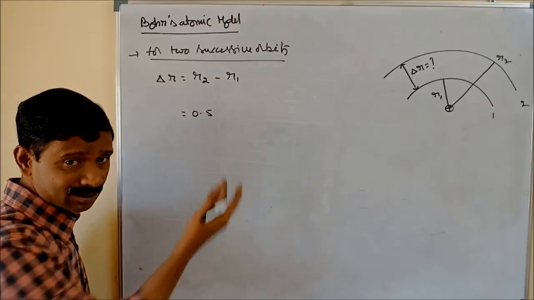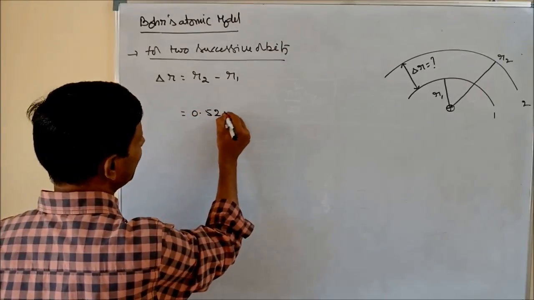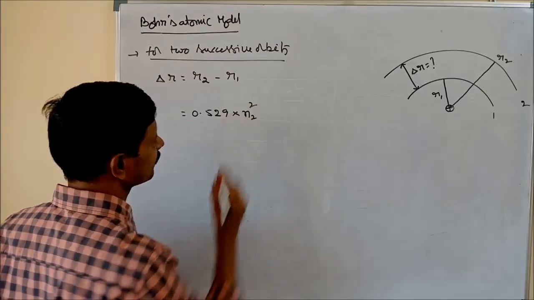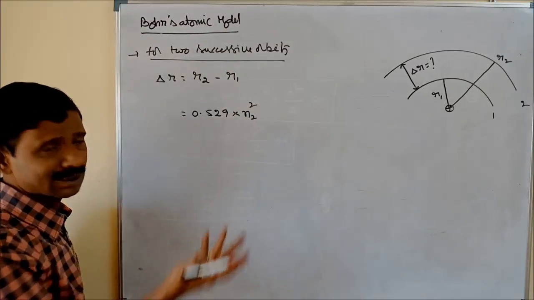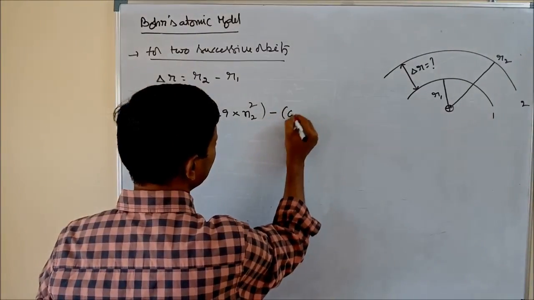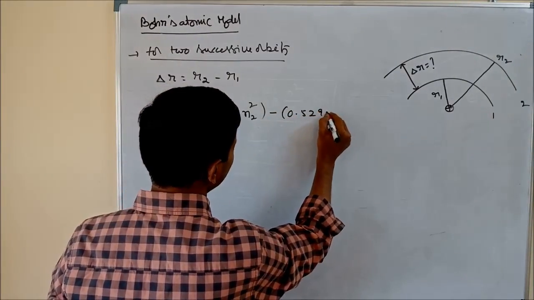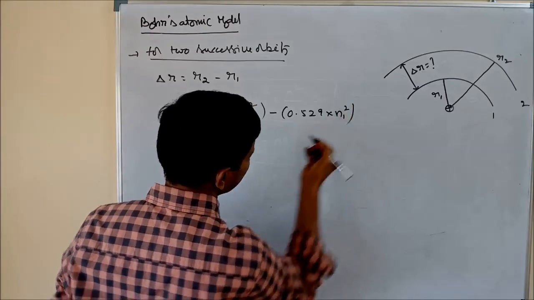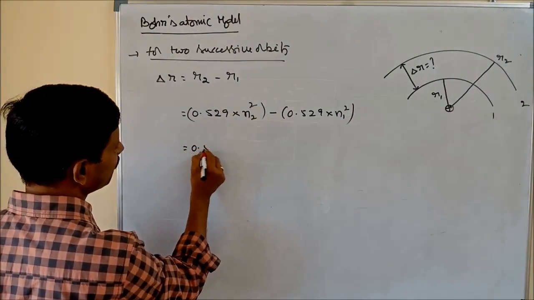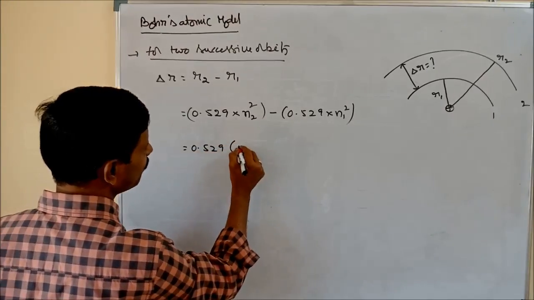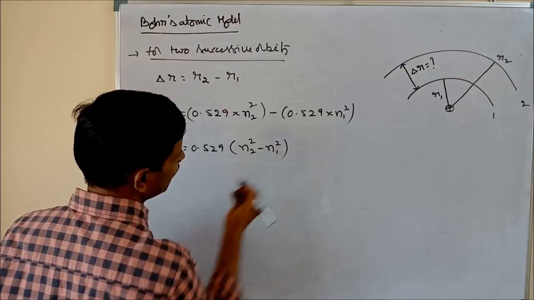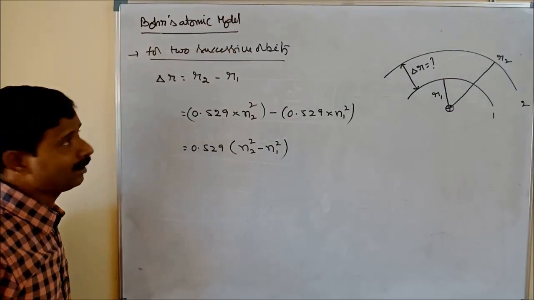In angstroms, it is 0.529 into N2 square, minus 0.529 into N1 square. So 0.529 is common. That is 0.529 into (N2 square minus N1 square) in angstroms.